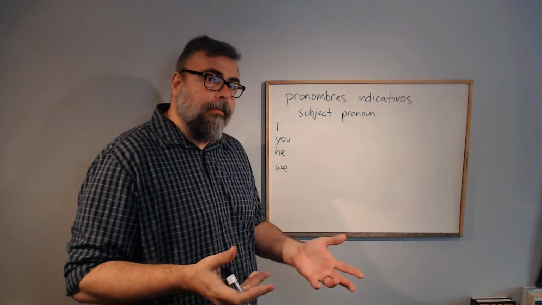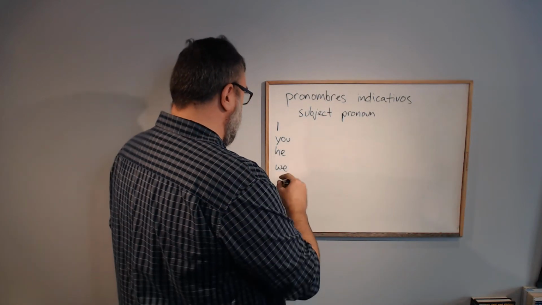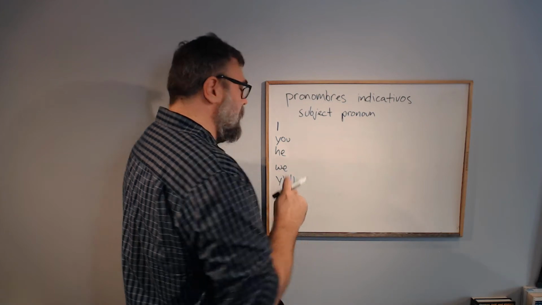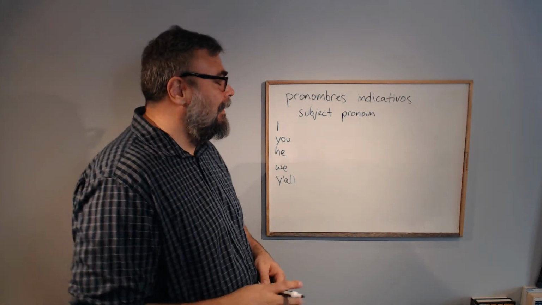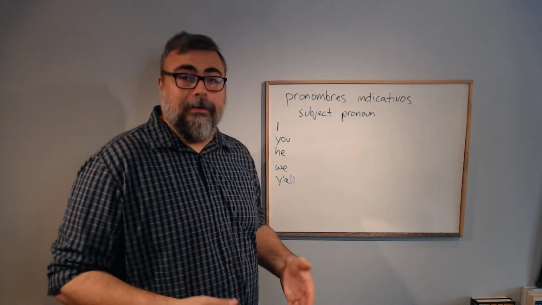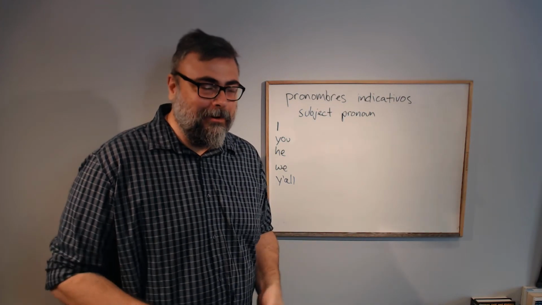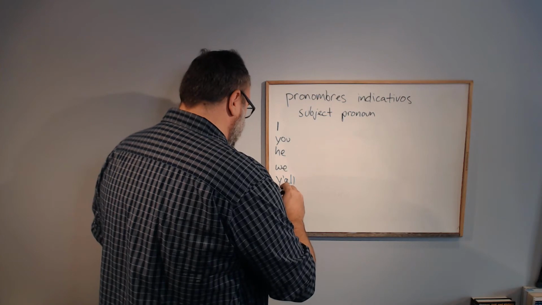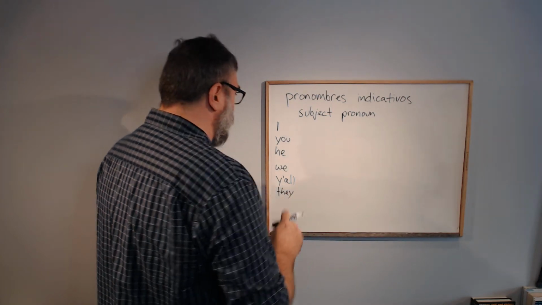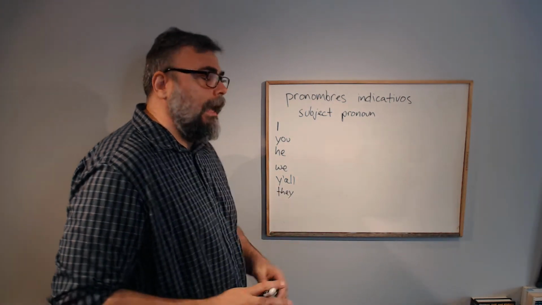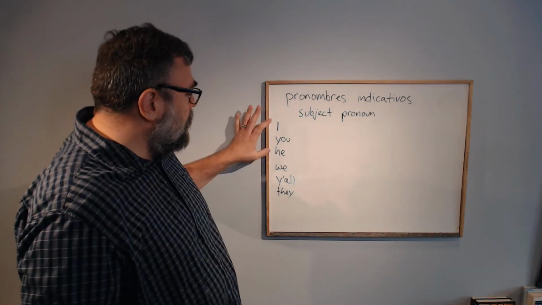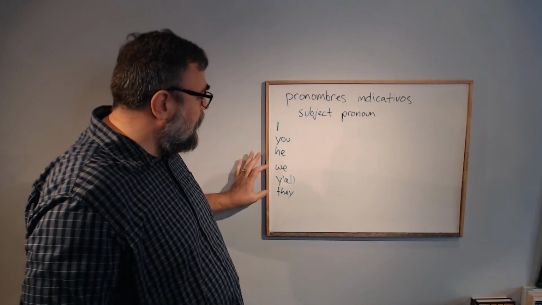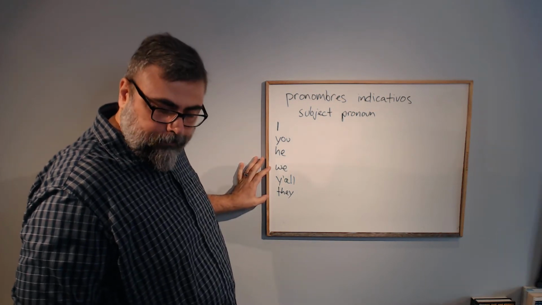Because we say we run, not us run. Y'all, or yous guys, or you guys, or just plain old you, like you learned in your English grammars. And finally, they. Right? I, you, he, we, y'all, they. And what are the differences between these two sets of three? Well, these are singular, and these are plural.